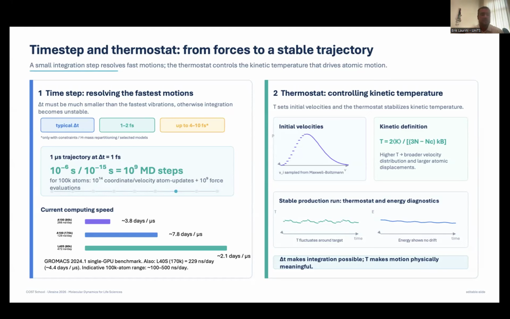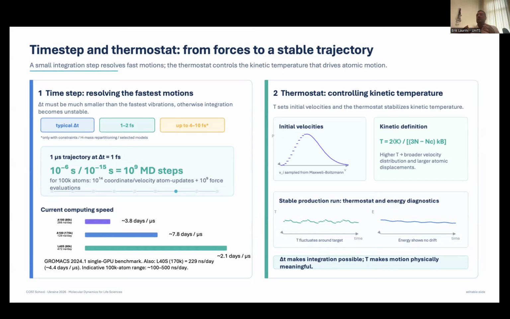So this delta t must be significantly low because the time step has to take into account the physical phenomena during the molecular trajectories.